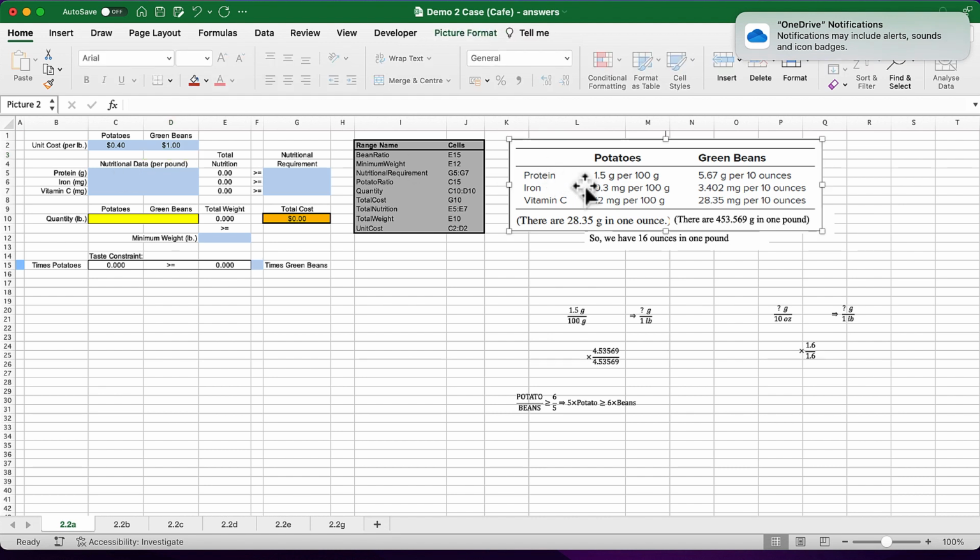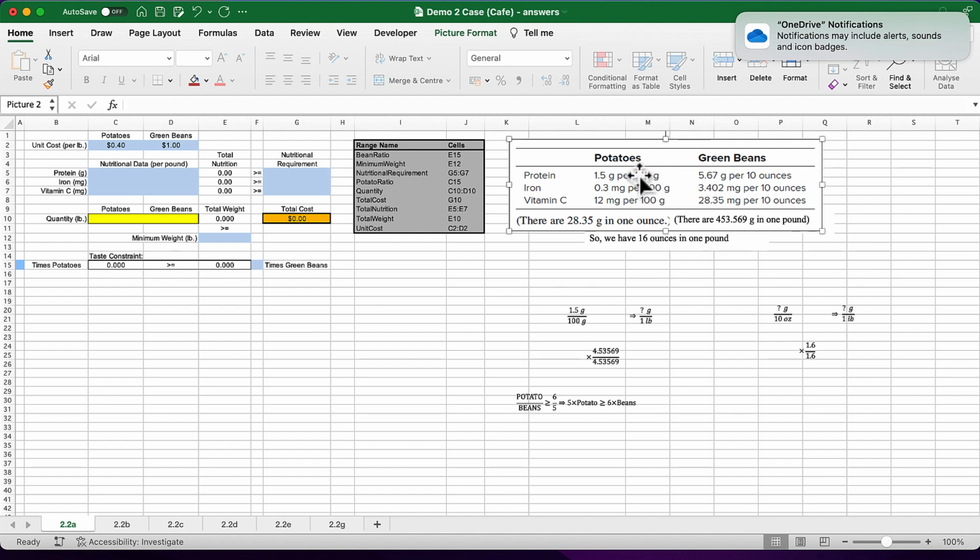Over here on the right hand side, you'll notice this very familiar table that's been given to you again from the case study itself, that this is what you can search online, and obviously they are not converted into the base unit, the base weight, which is pound, because right now what this information is showing is that all the nutritional benefit for protein, iron, and vitamin C are based on the weight per 100 gram of the potato.